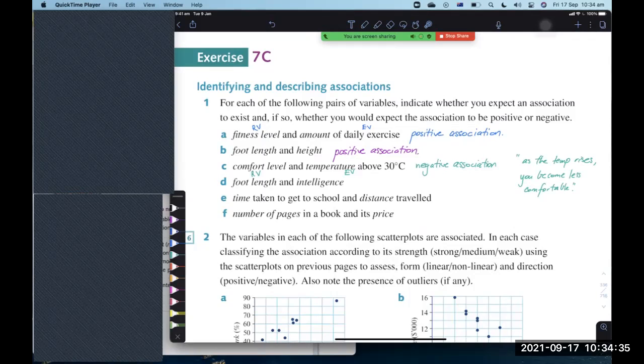Let's think about this one here. Foot length and intelligence. Is there a relationship between the two? If you have small feet, are you smarter? Or if you have small feet, are you... Nope. Is there any association at all? No. So we say here that there's no evidence.